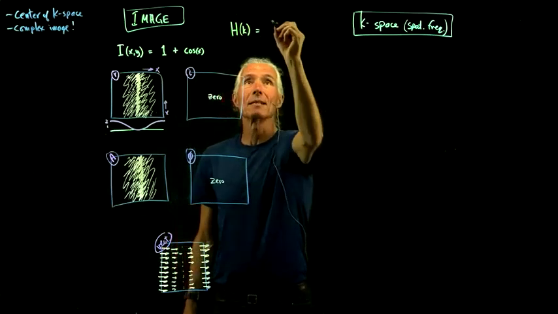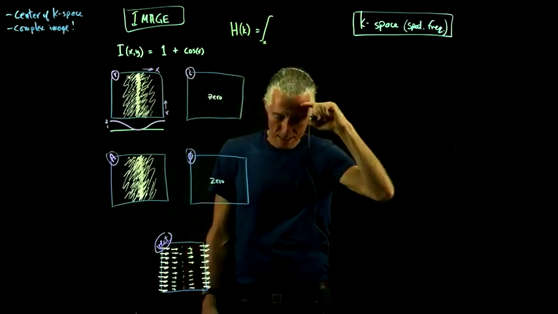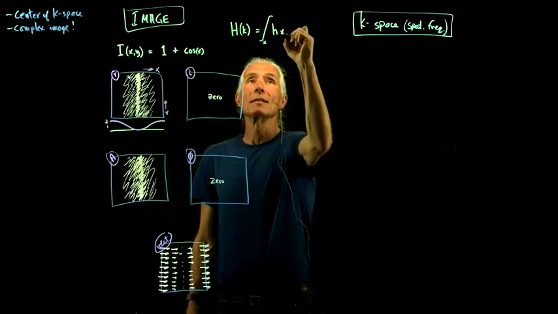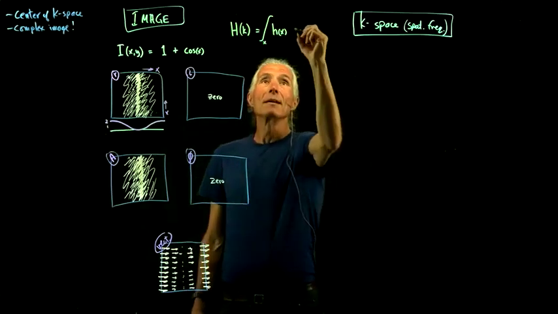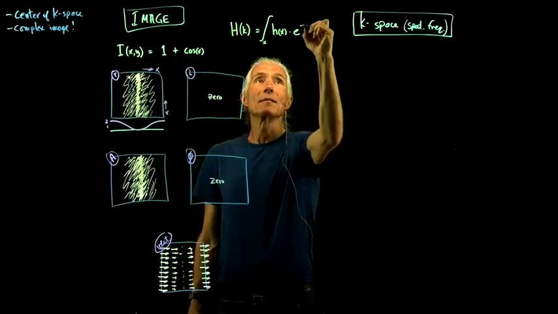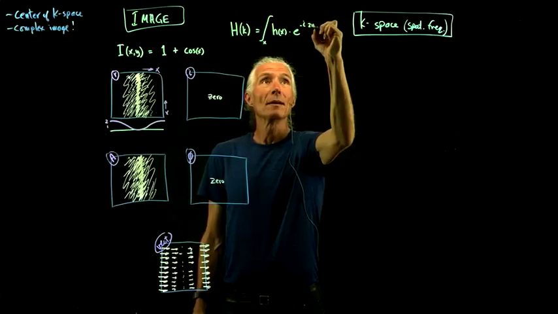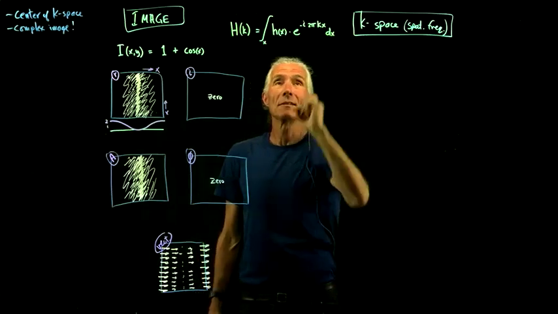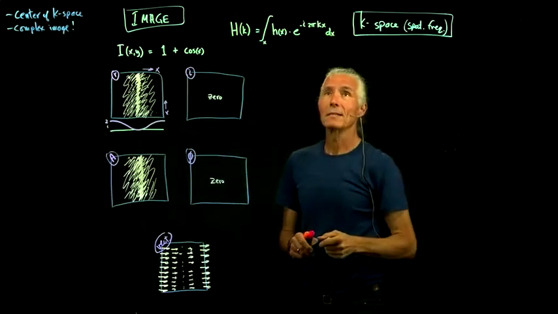It's basically the sum over all space of whatever the image data point is, times e to the minus i 2 pi k x, summed across all of x.